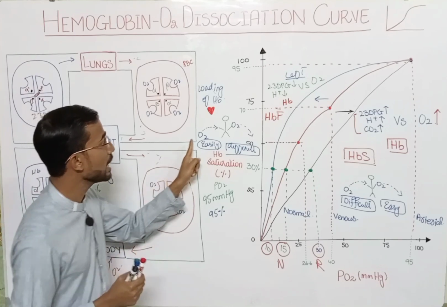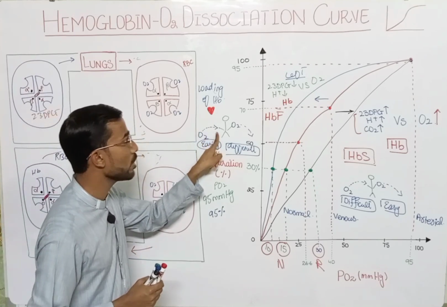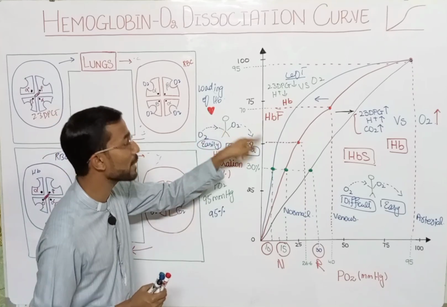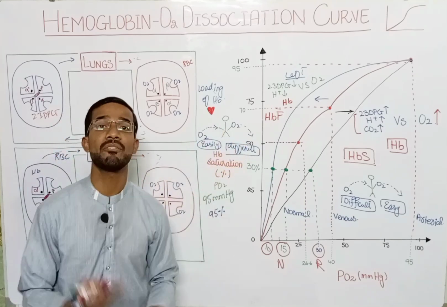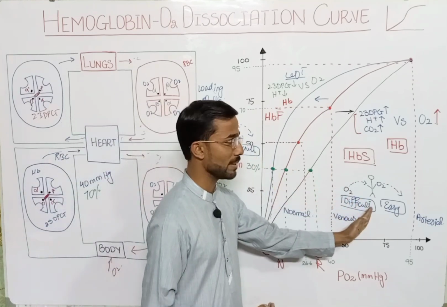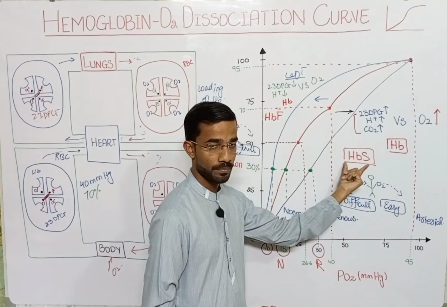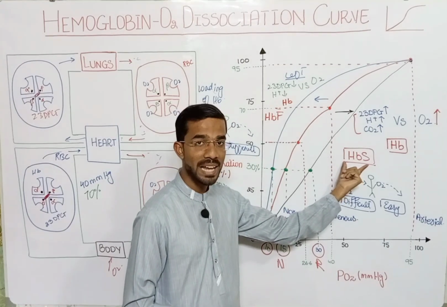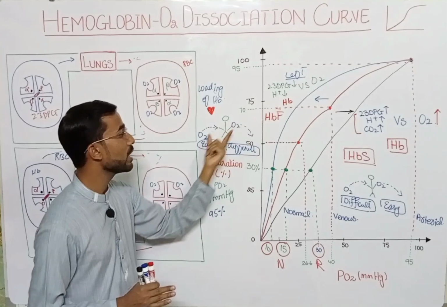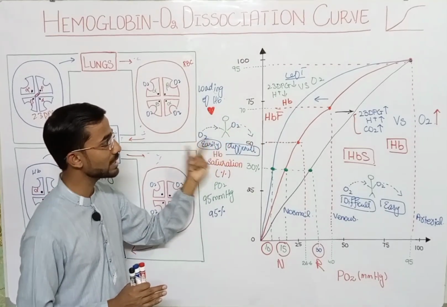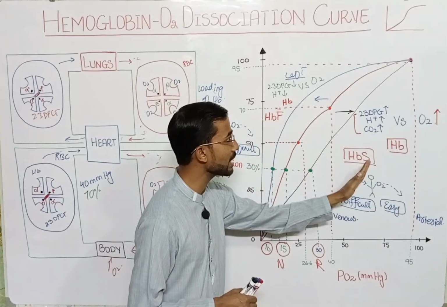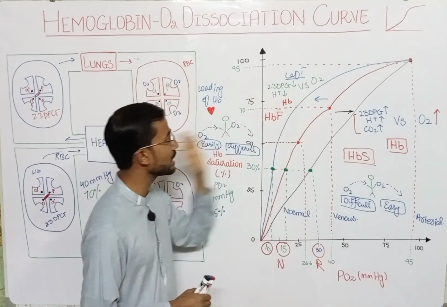The binding of the oxygen to the HbF is easy and the separation becomes difficult because they love each other. This is just opposite to HbS. HbS hates oxygen and HbF loves oxygen. In HbS you will see the right curve, and in HbF you will see the left curve.